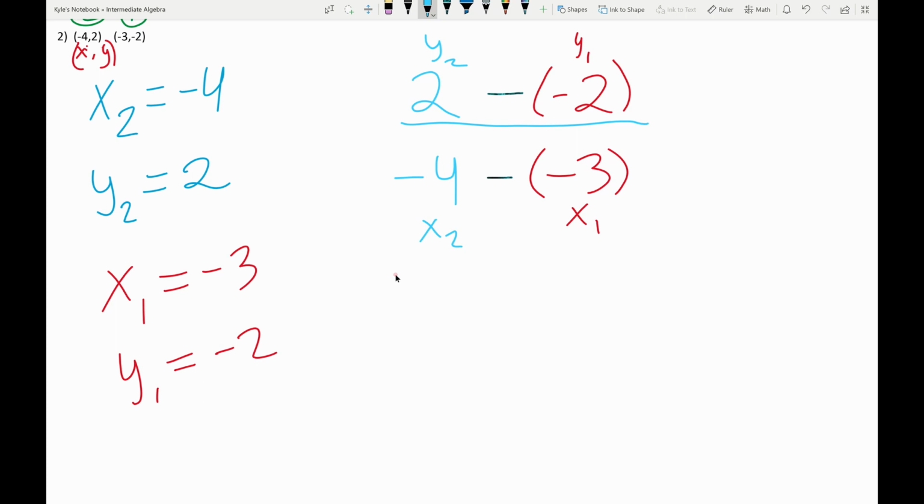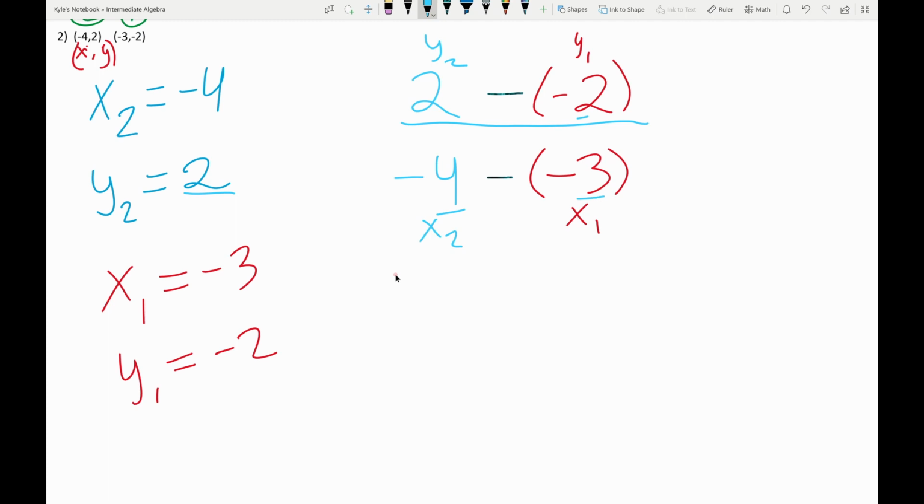I have y2 as 2, which is here. And then I have y1, which is -2, which I have here. And then I have x2, which is -4, which is here. And then I have x1, which is -3, which is there.